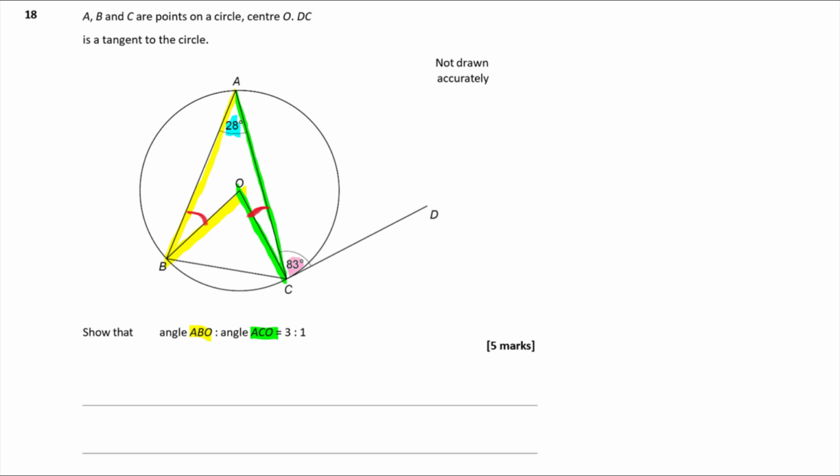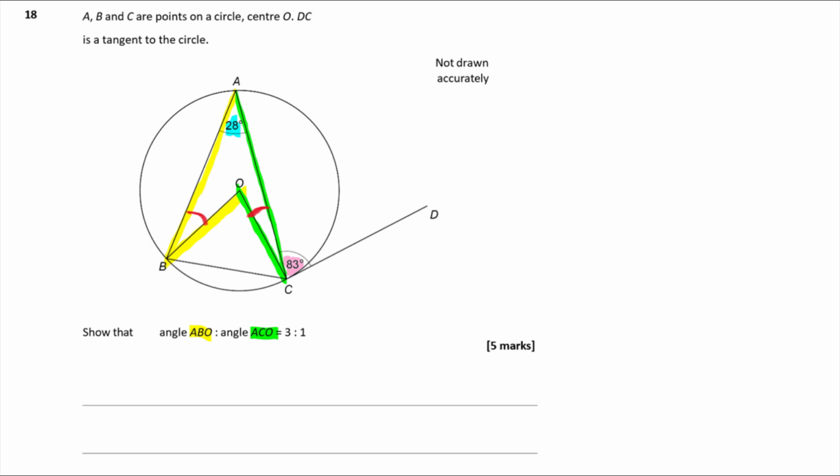Now, I don't really focus too much on what the problem is asking me first off. I just think about what I've been given and what I can find. So let's take that 83 degree angle there on the tangent.